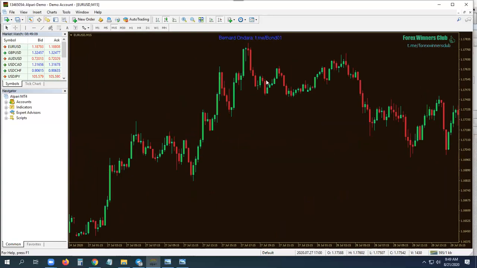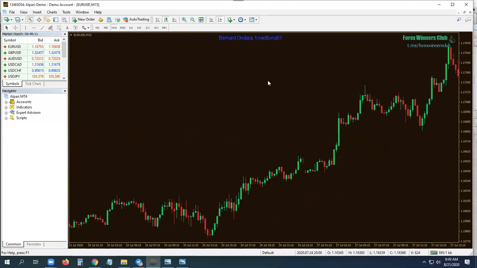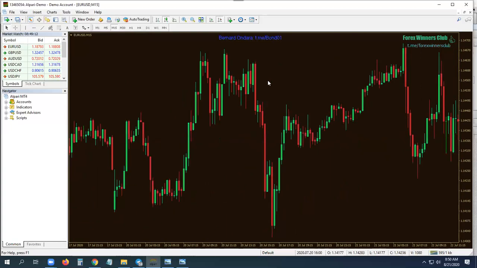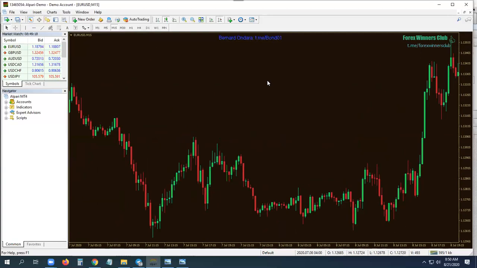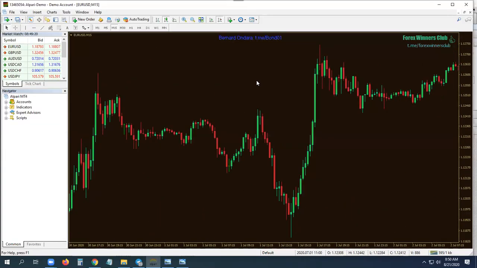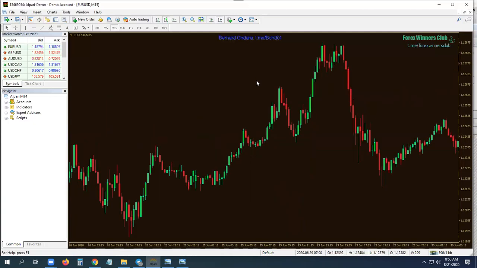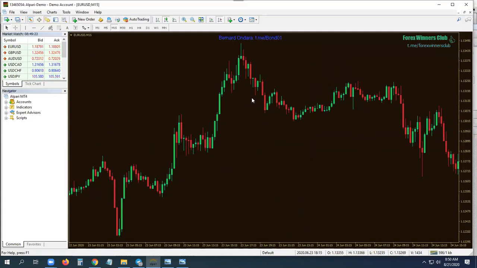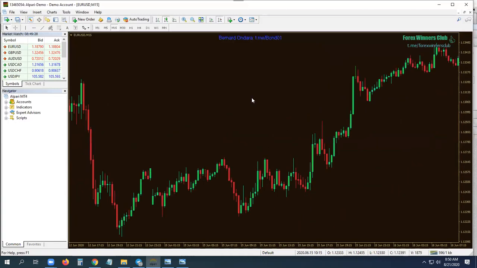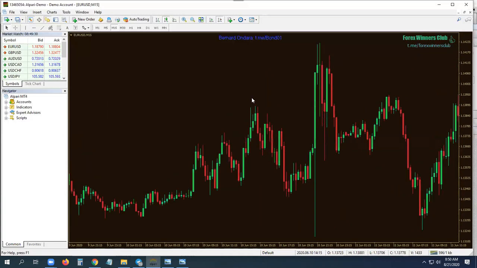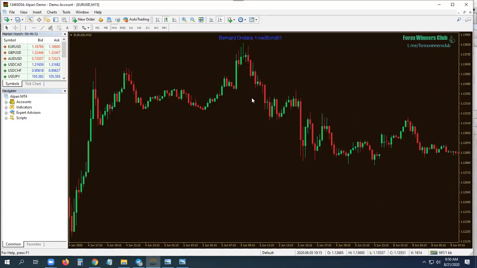I don't think this is one. Always recommended, even when you are trading these chart patterns, trade them in the direction of the trend if possible. So let's see. Am I seeing anything here that looks like one? I'm sure they're there, but I'm scrolling too fast, so I may not be able to spot them.